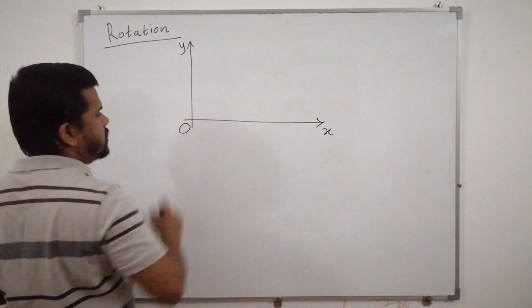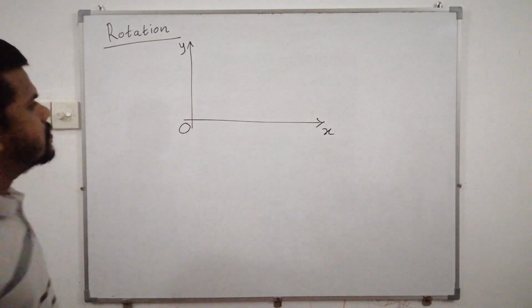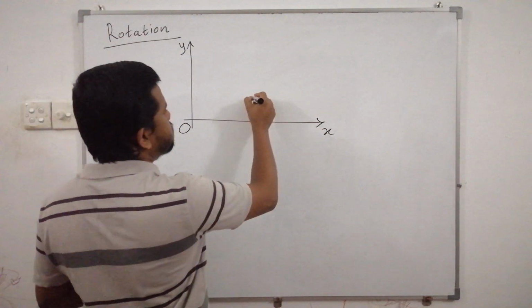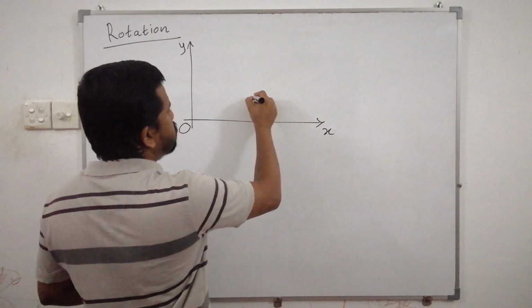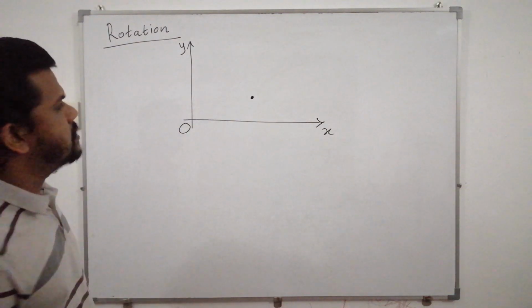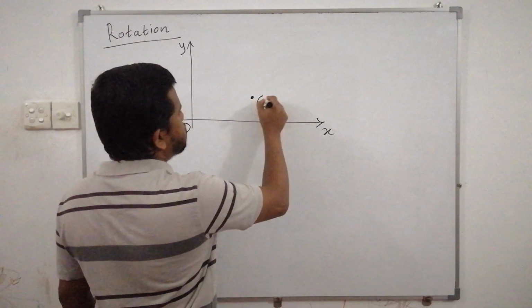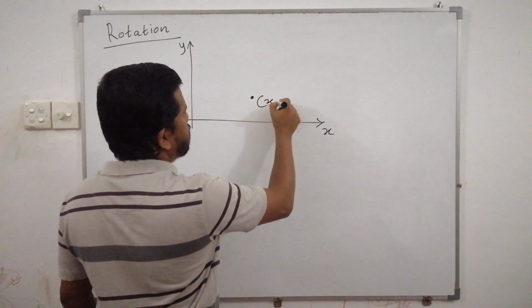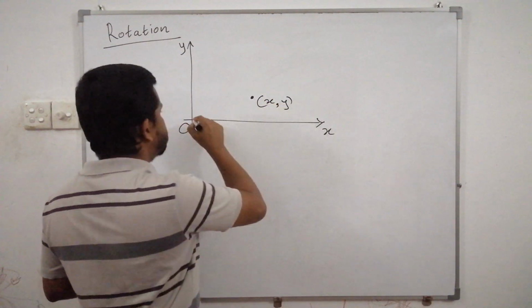Here we have the origin. Now suppose we have a point with coordinates x, y.